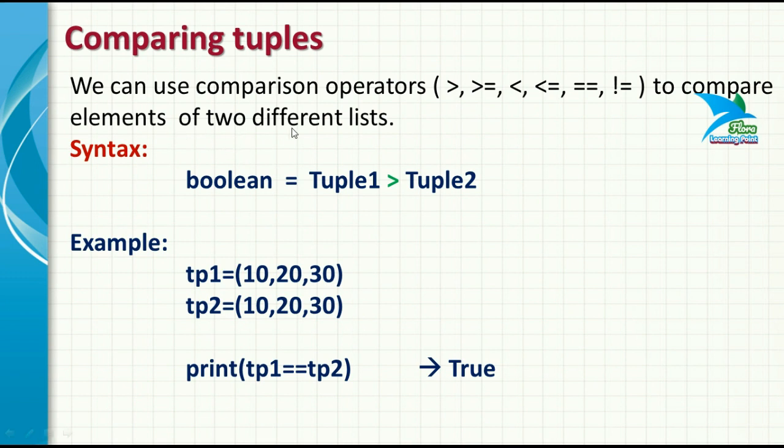Next we will discuss how to compare two tuples. We can use comparison operators like greater than, equal to, less than or equal to, and all the comparison operators available inside Python. So we can make use of all these comparison operators to compare the elements of two different tuples.